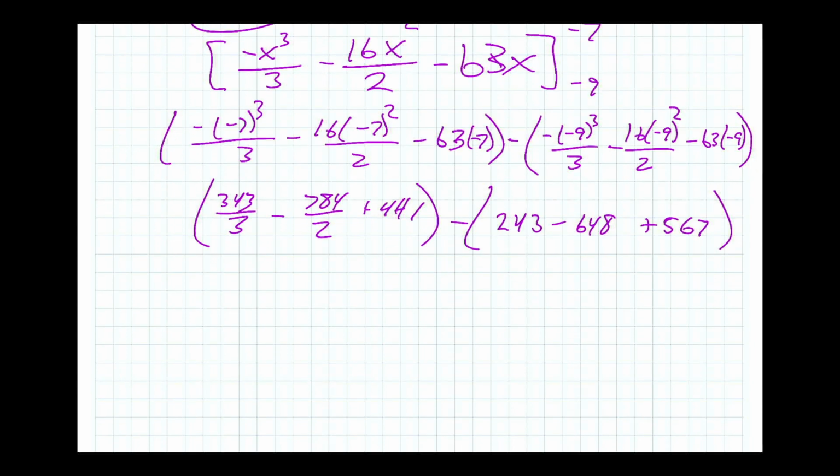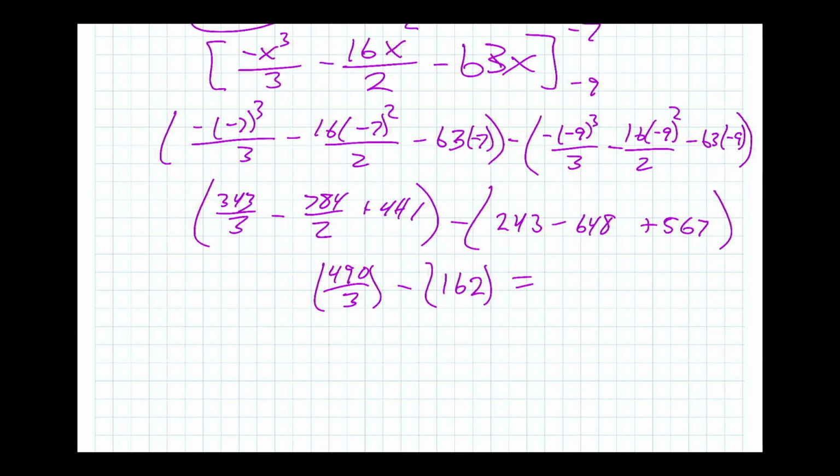Okay, so we got to work these all out. 343 over 3 minus 784 over 2 plus 441. So this is 490 over 3 minus 243 minus 648 plus 567, 162.